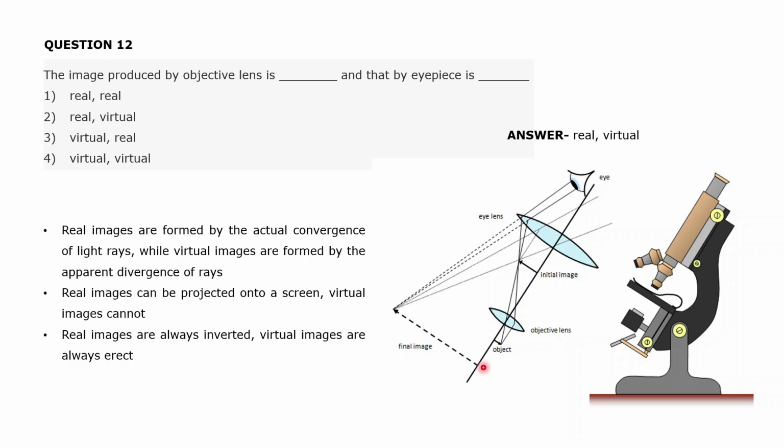As it moves into infinity like a cone of light, it is a virtual, enlarged image, and it is an erect image. It cannot be extrapolated into a single point, as it diverges out into infinity and reaches our eye. So the image produced by the objective lens is real and inverted, while that by the eyepiece is virtual and erect.